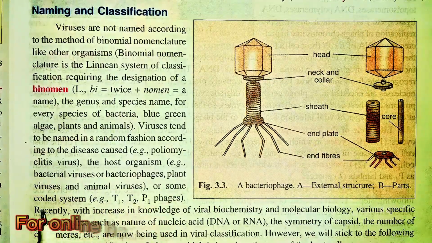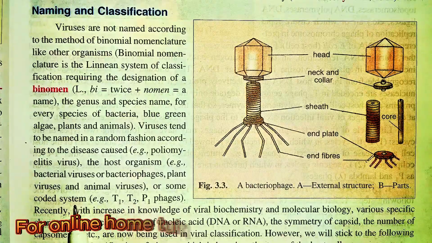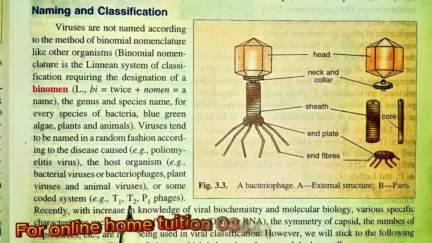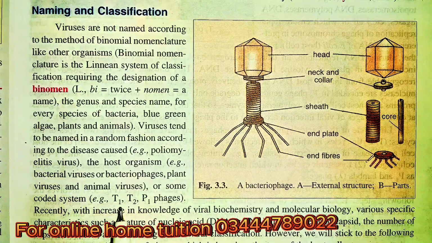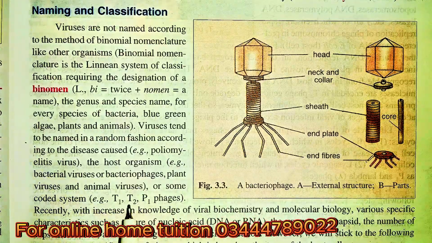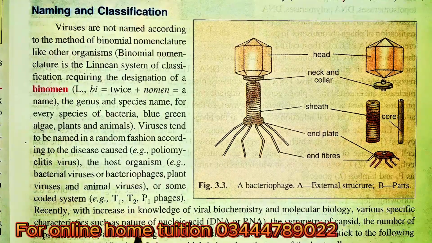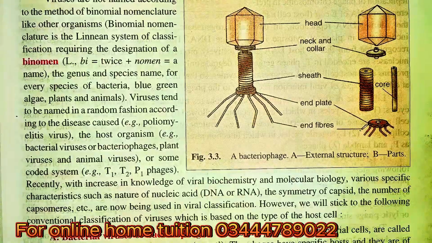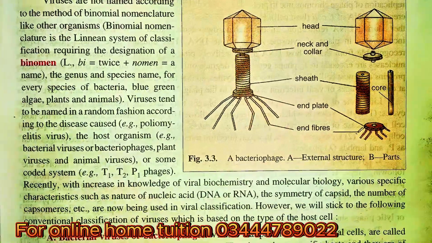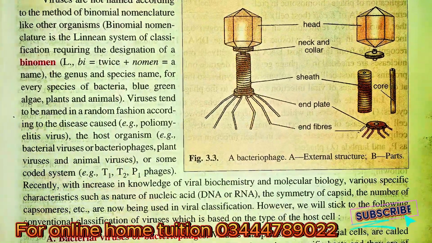Some coded systems are also used to name viruses, like the T1 virus, the T2 virus, the P1 phages. So P1 phages, T2 viruses, T1 phages or T2 phages, these are the names we usually give to viruses. You would say that we don't have a specific system to name viruses, but somehow we do.